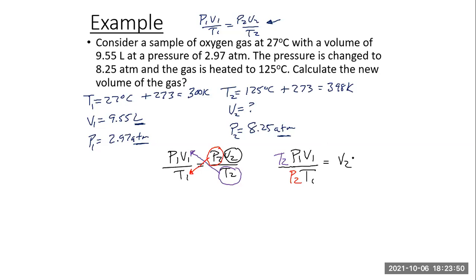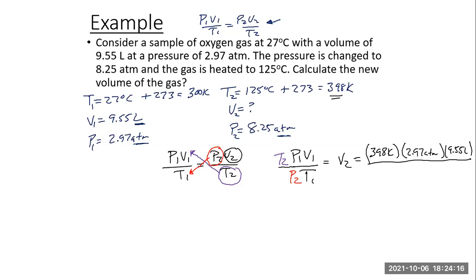We want to make sure we get the correct numbers in the correct location, which is sometimes a problem. We're looking for T2 up on top, so that should be 398 Kelvin. Our P1, which was 2.97 atmospheres, and our V1, which was 9.55 liters, also go up on top.